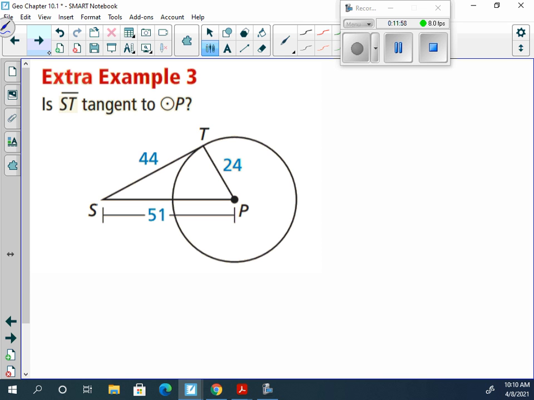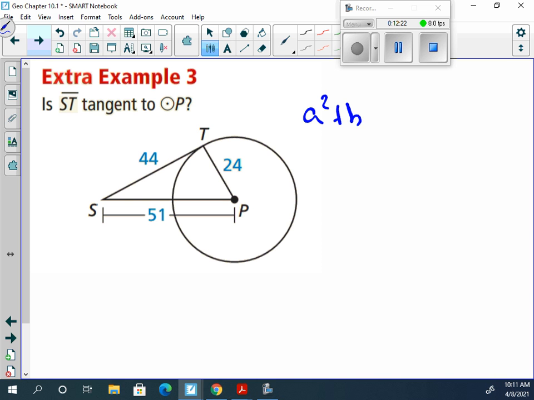As sophomores, you'll take it twice next year. ACT will have almost, or a lot of the pictures on it drawn to scale. Big Ideas Math and the tests are not going to draw these to scale. I'm going to try as best I can, but they're not going to be exactly to scale. So we can't necessarily use the picture to say, okay, it is or it isn't. That's why we have to use the Pythagorean theorem.